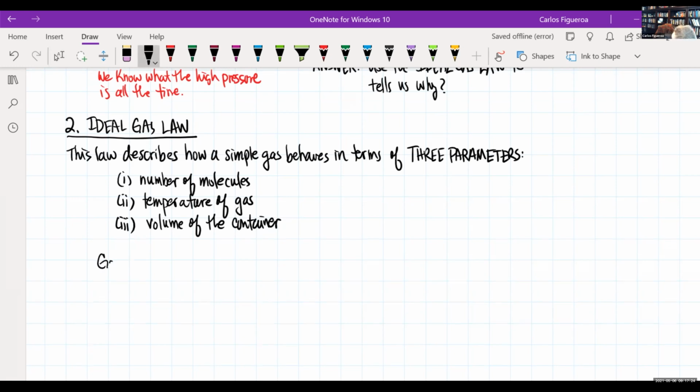So if I look at the gas pressure, it is proportional to, so it's going to be proportional to what?